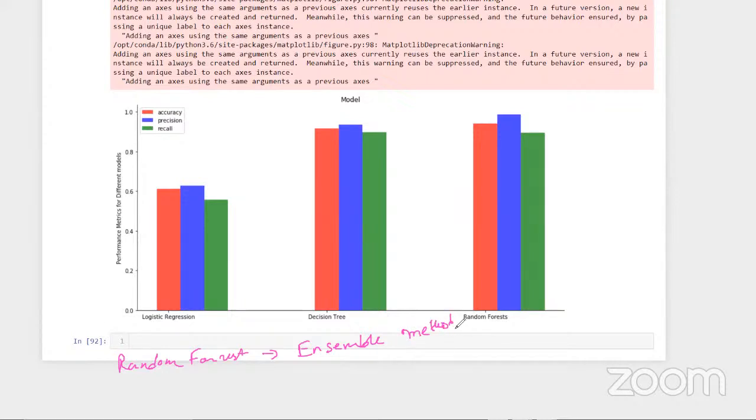Ensemble methods are methods in which various weak models are combined together to give a robust solution.